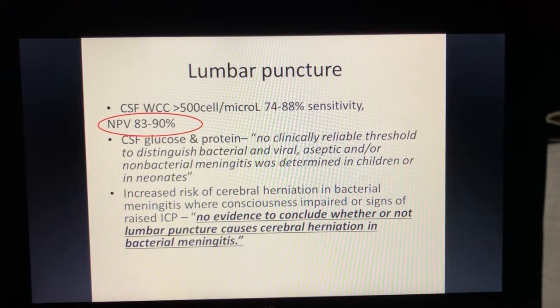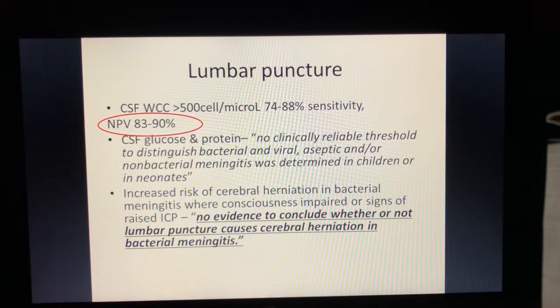But again, there's no trial data to help conclude whether or not lumbar puncture causes cerebral herniation in bacterial meningitis. And I think the adage from most pediatric neurologists is that if you have a fontanelle, then it's safe to do a lumbar puncture from a point of view of cerebral herniation.